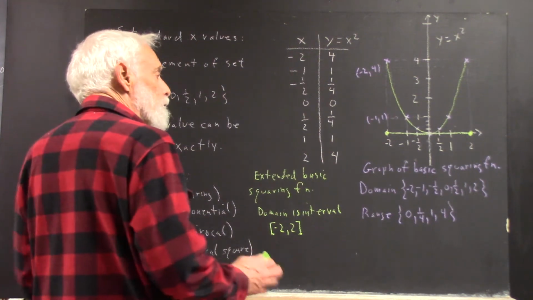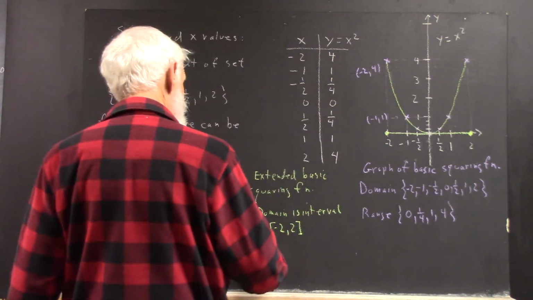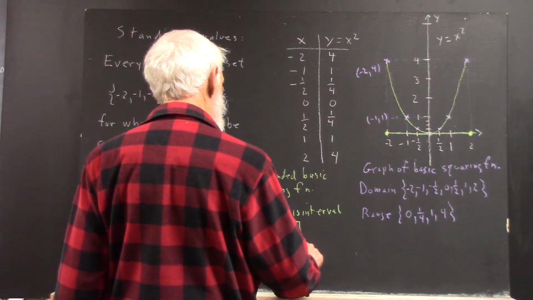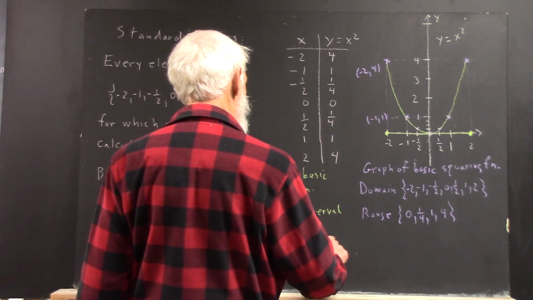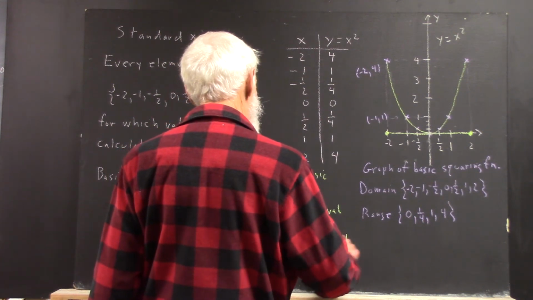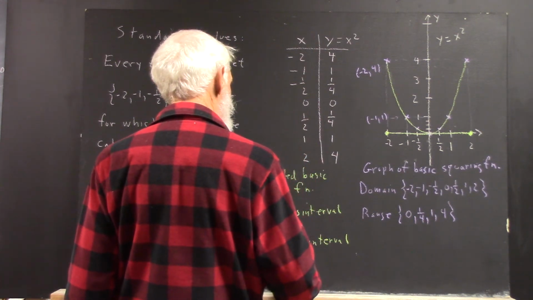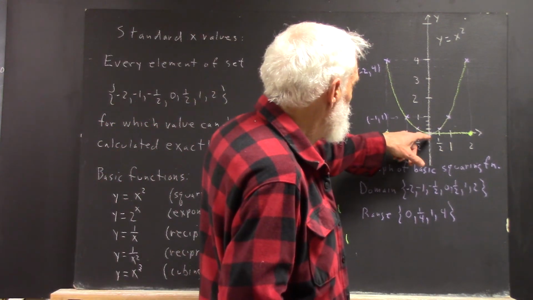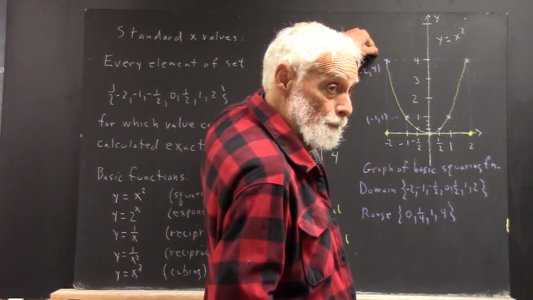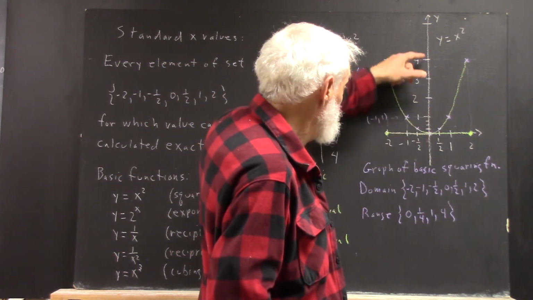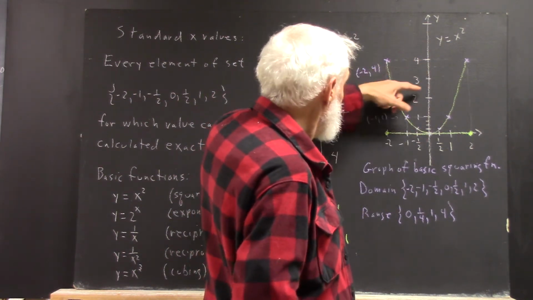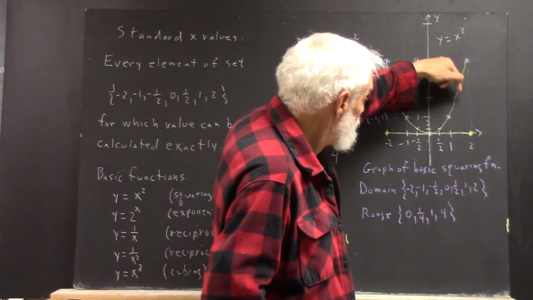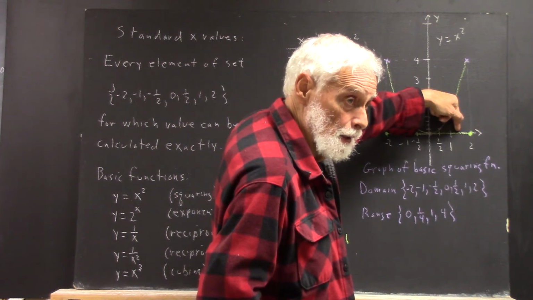The range is a set of all the y values. And the y values go from 0 to 4. Every y value between 0 and 4: you can take that y value, draw a horizontal line, find a point, go down here and find the x value it came from.